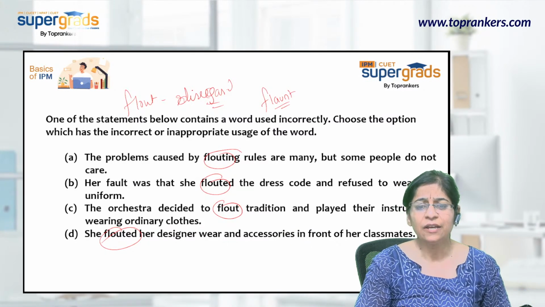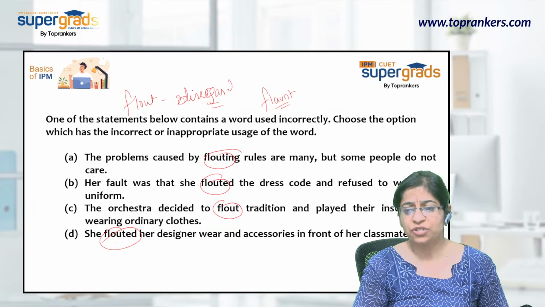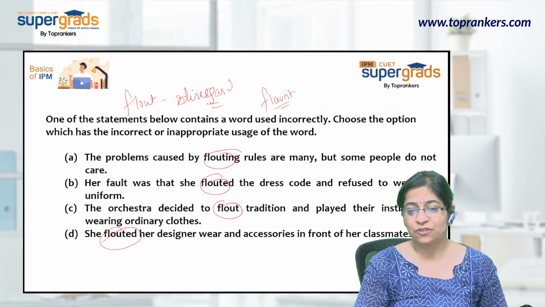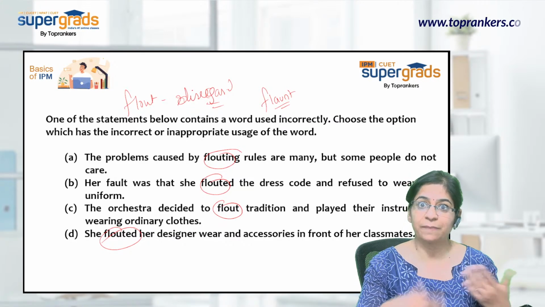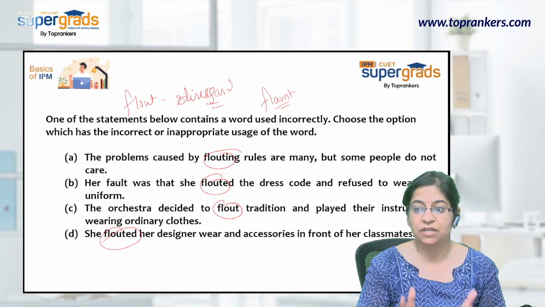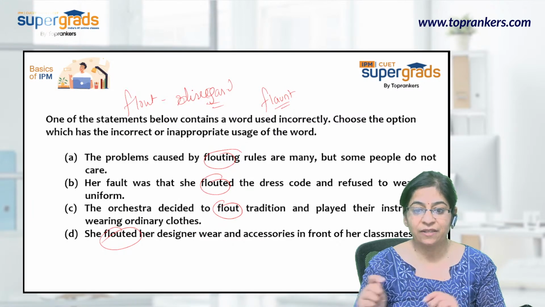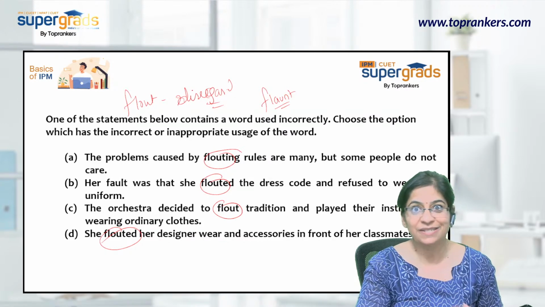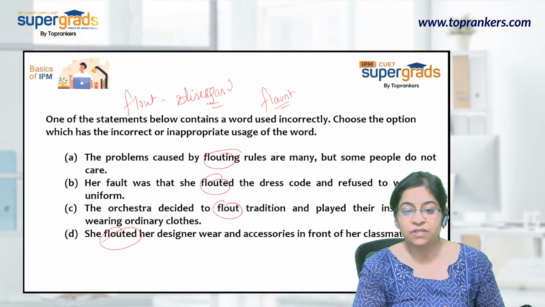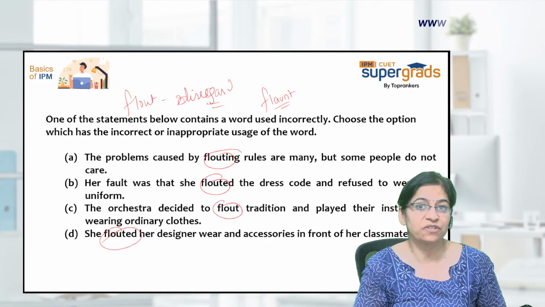The next one, the orchestra decided to flout tradition and played their instrument wearing ordinary clothes. Now, the band is expected to wear probably a traditional dress, but they played the instruments wearing ordinary clothes. That means they disregarded the rule. So the usage is correct here. She flouted her designer dress and accessories in front of her classmates.